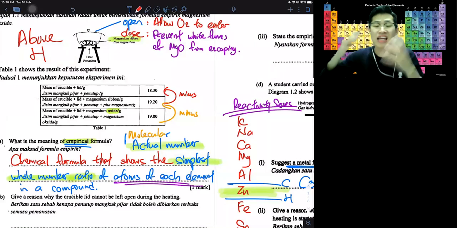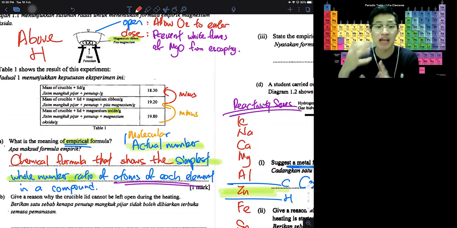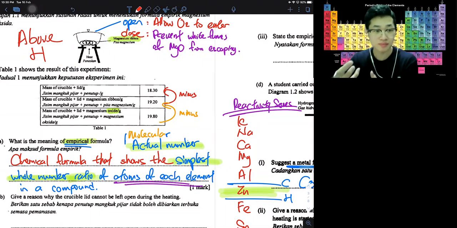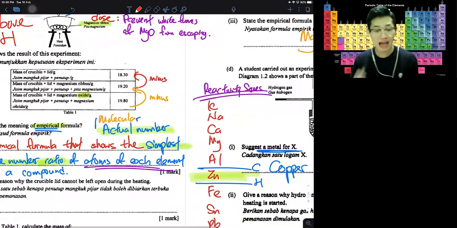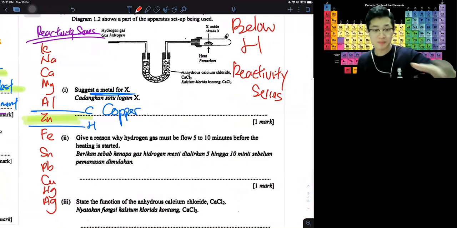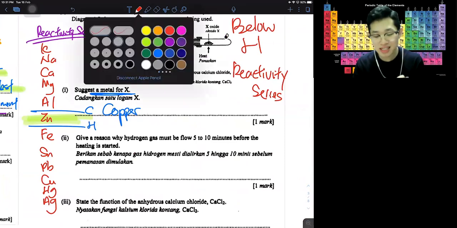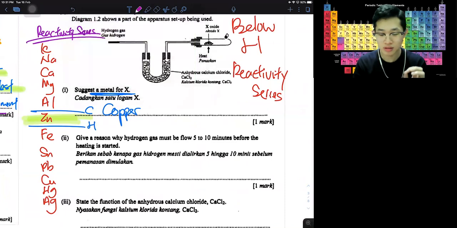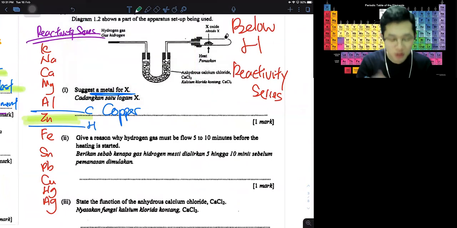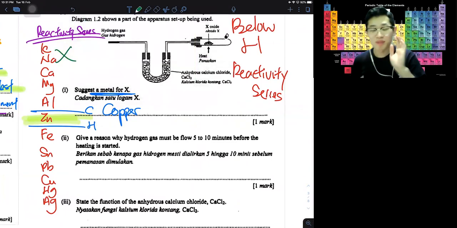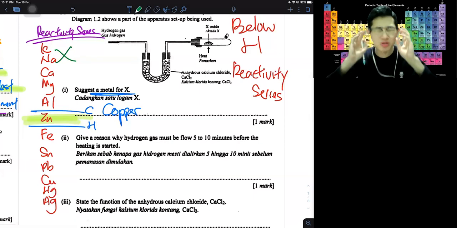Why? Because they are reactive. They can react with oxygen themselves. But then, unreactive metal, you have to use hydrogen to steal away their girlfriend. Okay, but please don't mention your favorite here. Potassium and sodium don't want unless you are doing reactivity of alkali metal. Otherwise, don't use sodium and potassium.